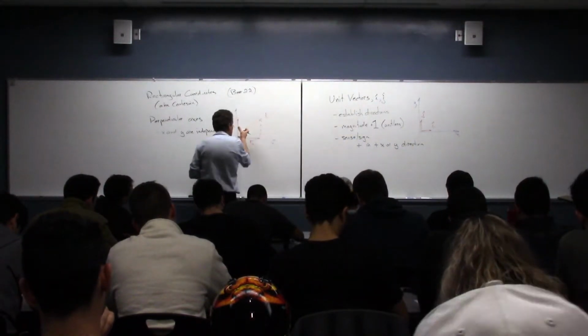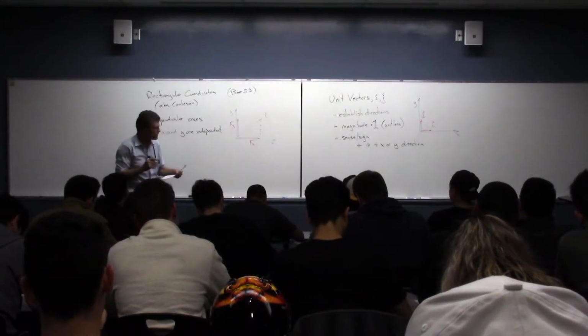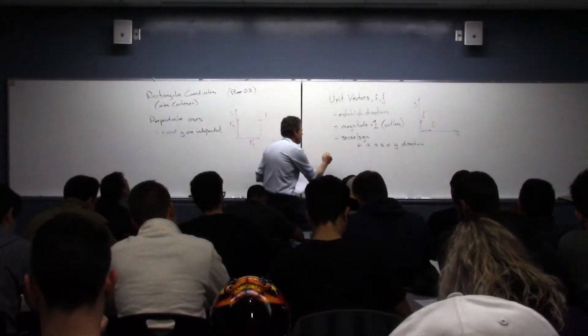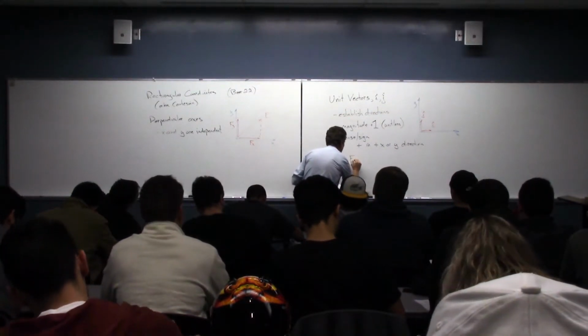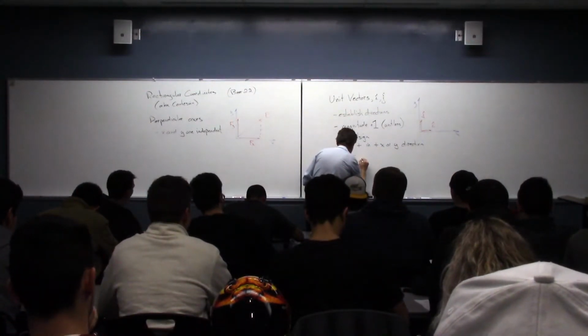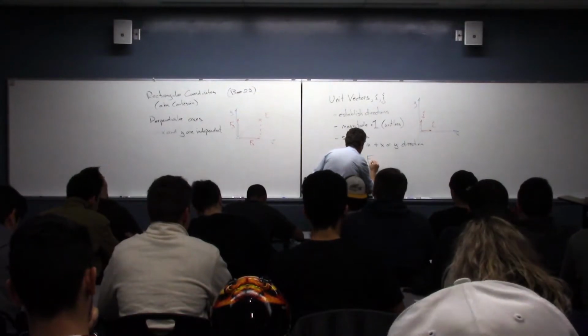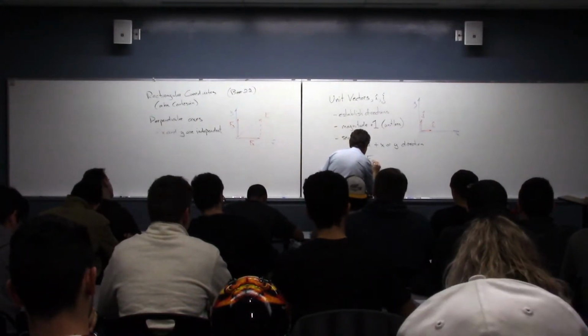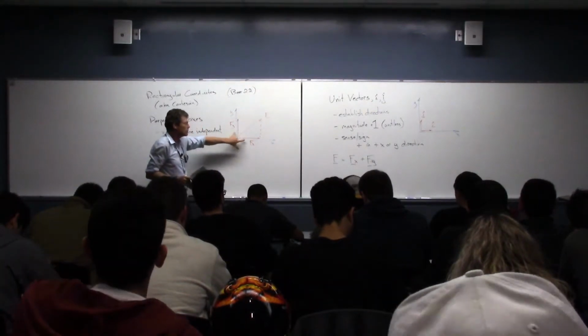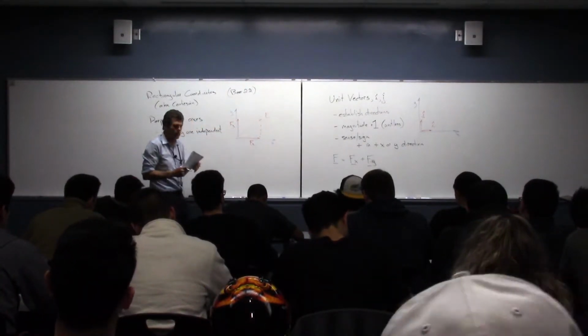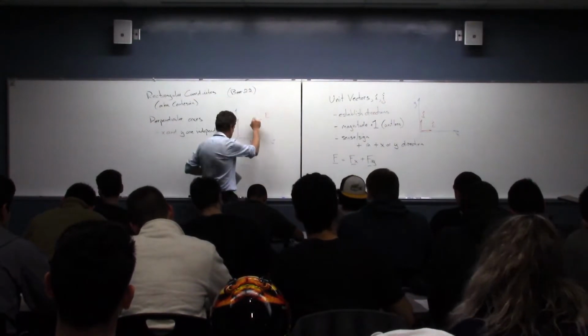So that means I have this vector here, and I can express that vector now in terms of two vectors. Again, this looks like a parallelogram, right?